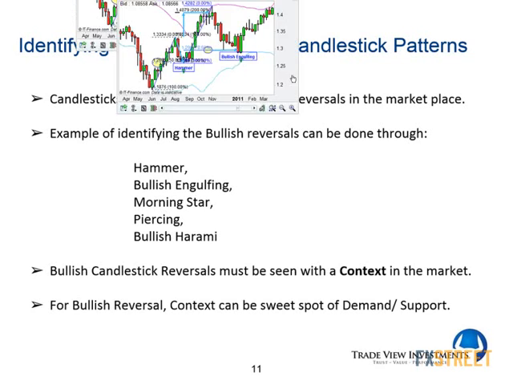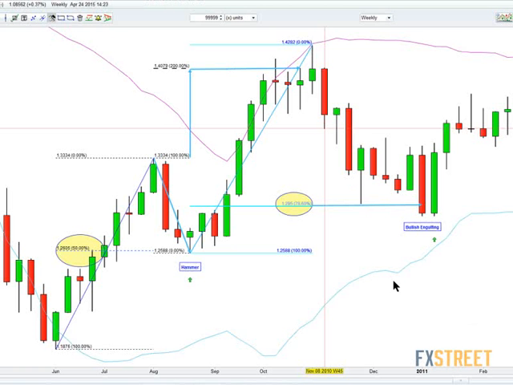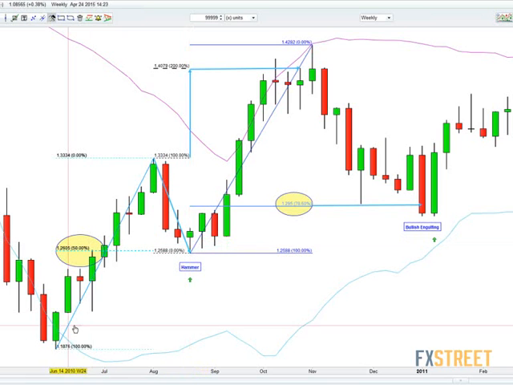So I'll show you this one here. This is a hammer in front of you on August 23rd, because the lower shadow is twice the body. And the most important part is the context: if I draw a Fibonacci from this point to this point, this hammer is appearing exactly at the 50% Fibonacci level.